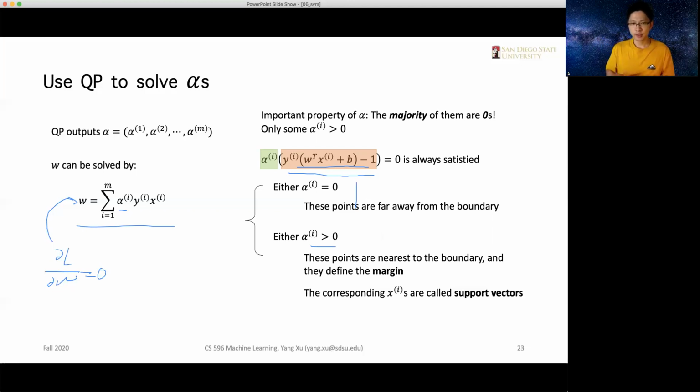So these xi's that correspond to alpha i greater than 0 are the so-called support vectors, because they are closest to the margins, and they help support the decision boundaries. That's why the whole method got the name support vector machines.